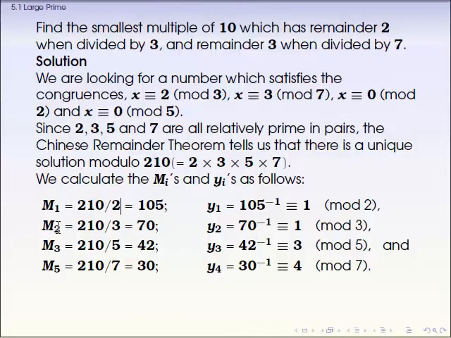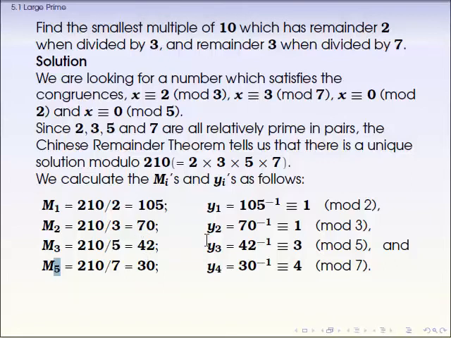By the same way, capital M2 came from dividing 210 by 3, the second modulus, and for 5 and 7 we just put them in a row. There's no specific order of this, so we can just apply anything. So that's how we got M1, M2, M3, oh, it should be M4, it's a small typo.